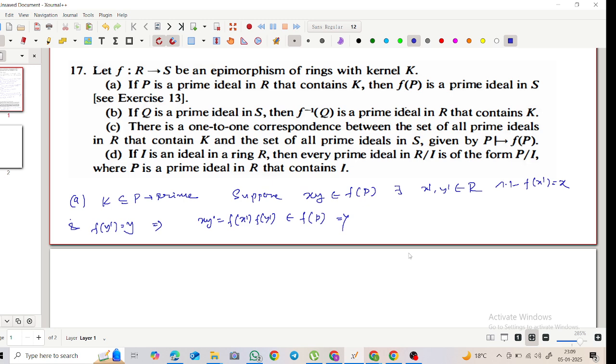If P is a prime ideal in S, okay, so let's try to do this.